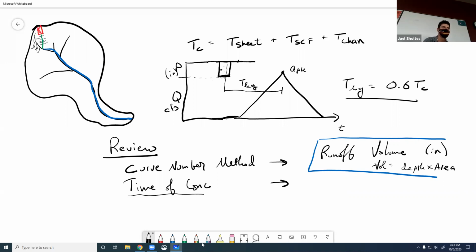That lag time. So this is the ultimate parameter we're interested in, that lag time, which will let us say, okay, my rainfall is now, the hydrograph that's going to come out of this watershed is going to peak at this time. So we'll call it T lag or time to peak.